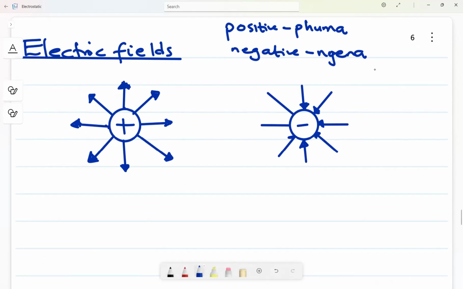You can also just do the arrow like this. This is also fine, but I choose to do this one. Whatever you use is fine, as long as you are doing the correct thing. That is the most important part. This is what you draw for a negative charge, and this is a positive charge, for a single charge.